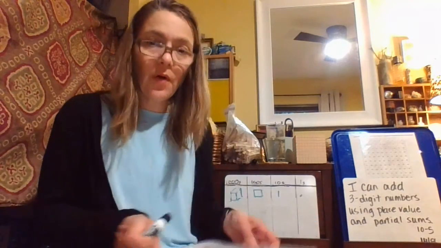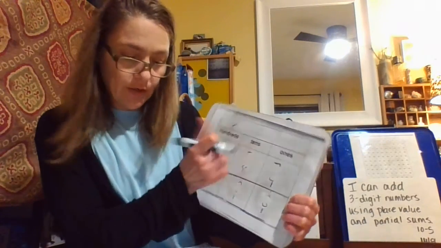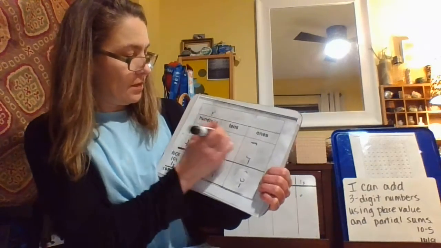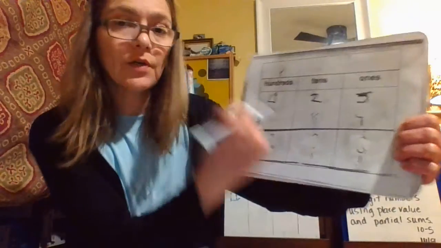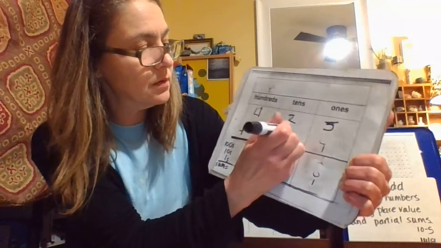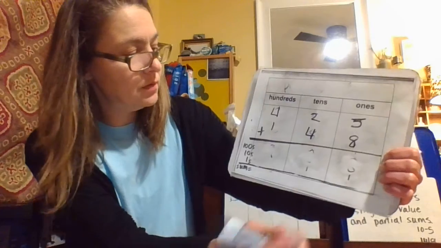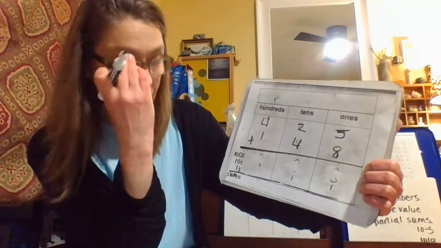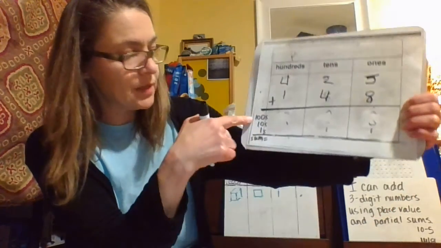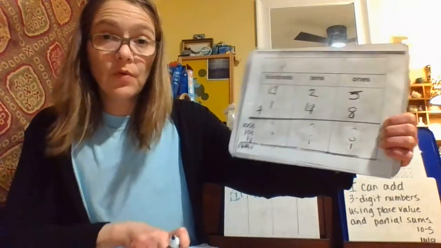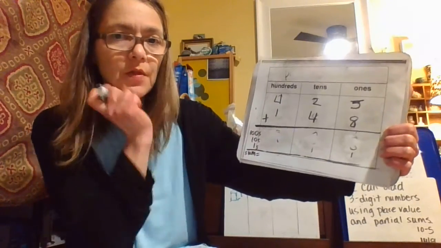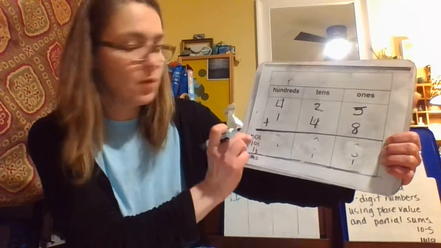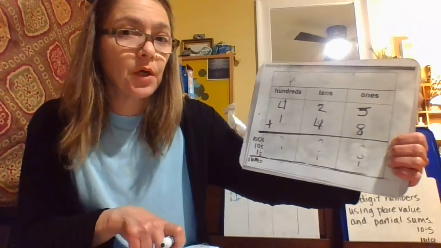Okay, so we have 425 as the top number. And then the next number is 148. Okay, so remember, we add the hundreds first because that's what's on top. And it shows you that. It's there in the word form, on your grid in your book.